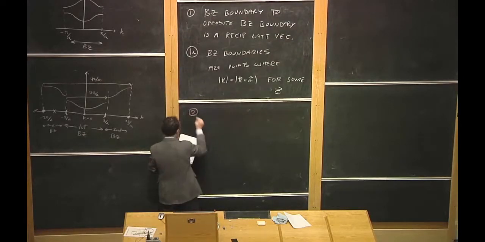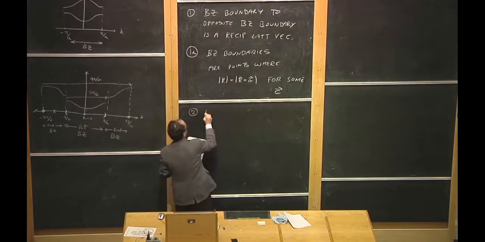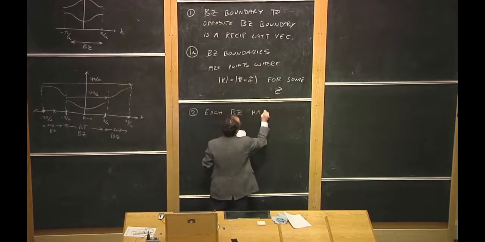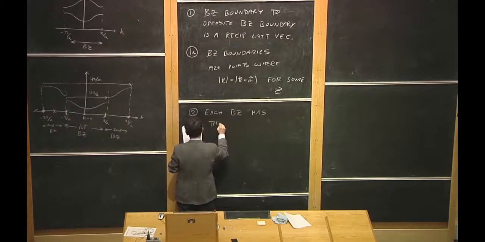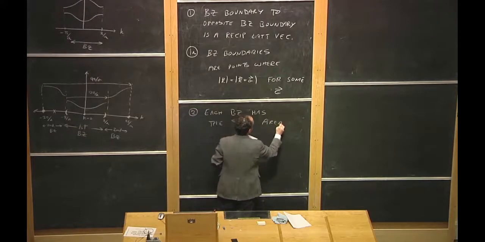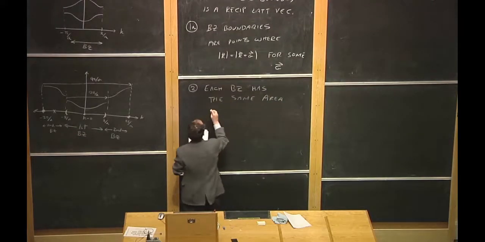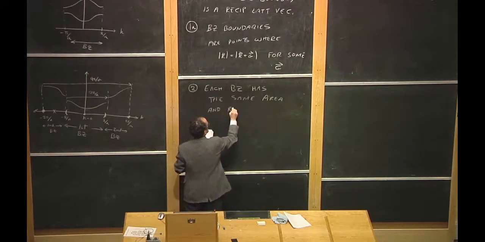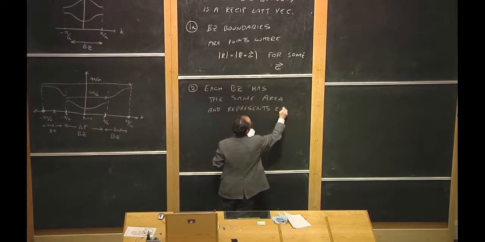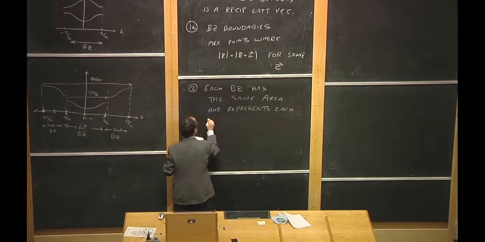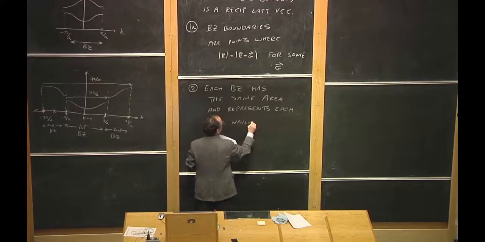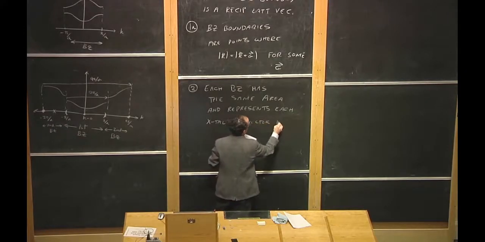The second statement, which is important about Brillouin zones, is that each Brillouin zone has the same area, or volume in 3 dimensions, and represents each k point, each crystal momentum, each crystal wave vector, once.